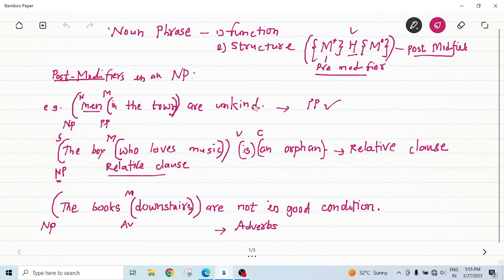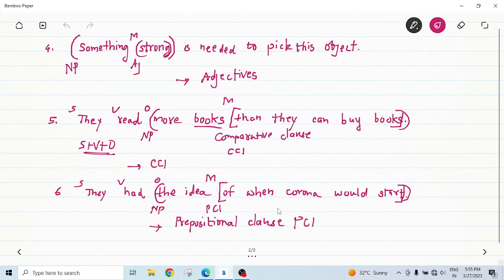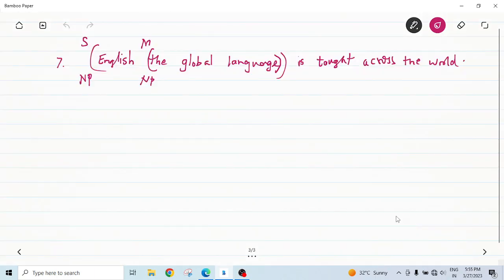I'm going to just review what we have learned today. A prepositional phrase can function as post modifier, a relative clause functions as a post modifier, an adverb can function as post modifier, an adjective can function as post modifier, a comparative clause can function as post modifier, a prepositional clause can function as a post modifier, and even a noun phrase can function as post modifier.